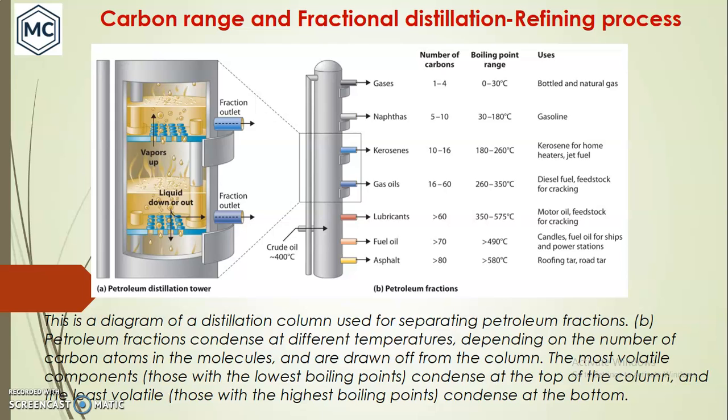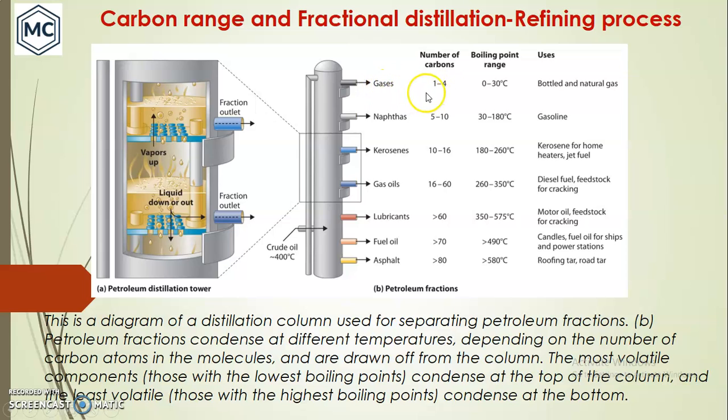Petroleum fractions condense at different temperatures depending on the number of carbon atoms in the molecule, and after that each is drawn off from the column. You can see that crude oil consists of different fractions having different carbon ranges.